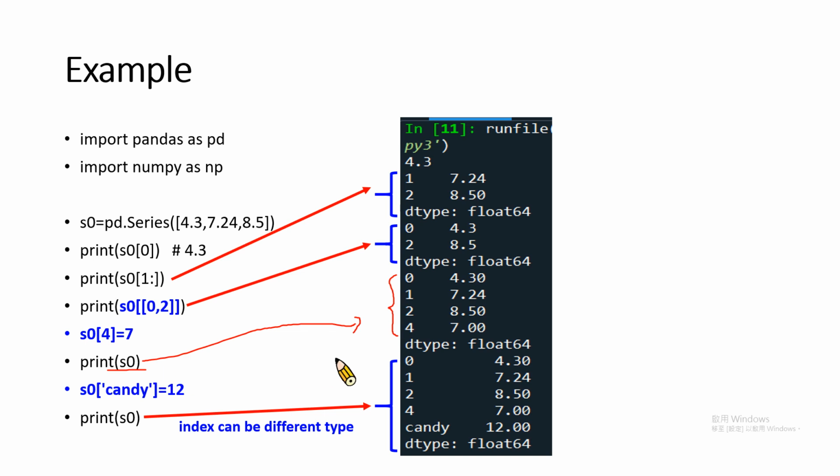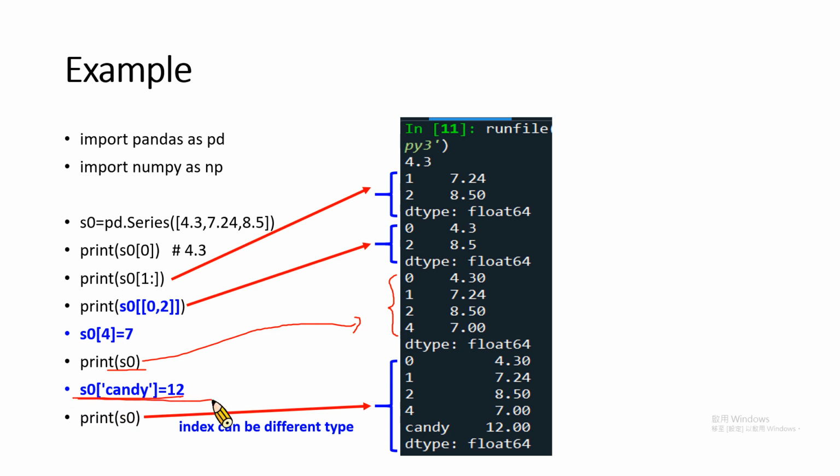The S0 series has four elements here, and there is no element whose index is candy.